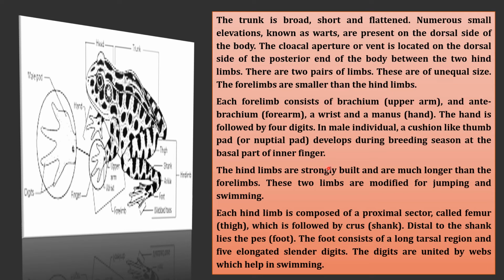Now see what they have told. In the male individual, a cushion-like thumb pad develops during the breeding season. Breeding season means when reproduction occurs in the toad, generally the rainy season.